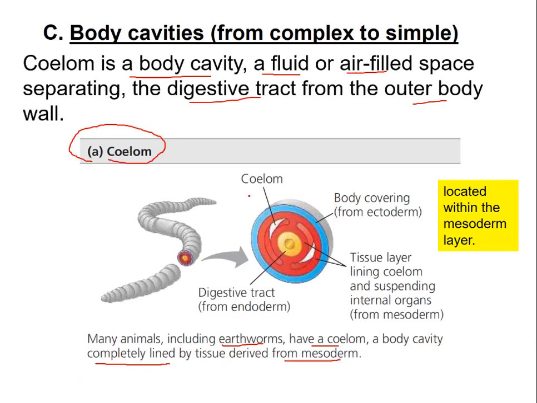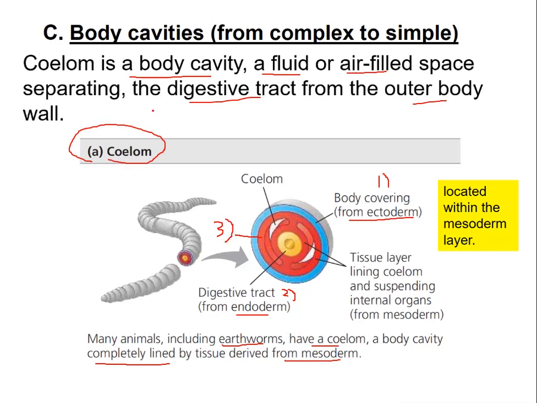So look here, right? The blue color is the layer of ectoderm, the first layer. The second layer is, you can see here, the endoderm, the yellow color. And the middle layer over here is the mesoderm layer.